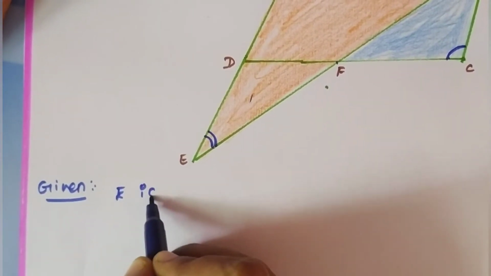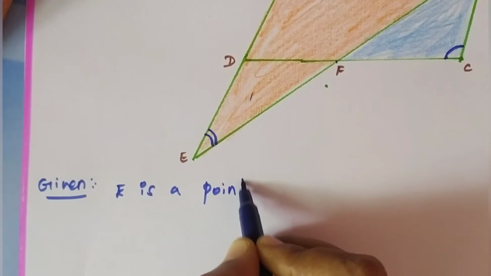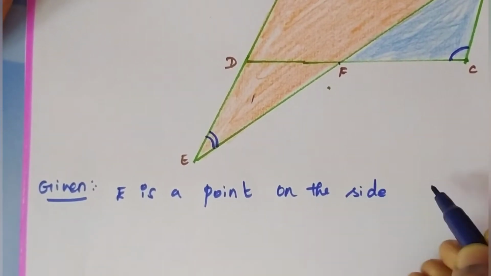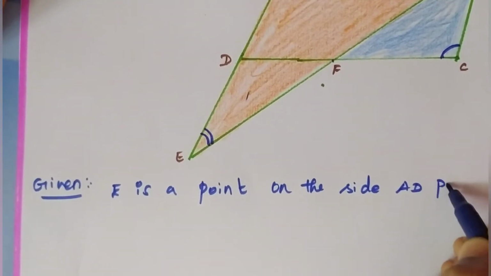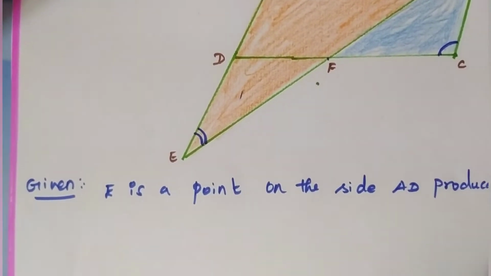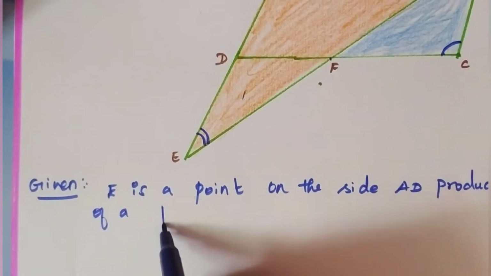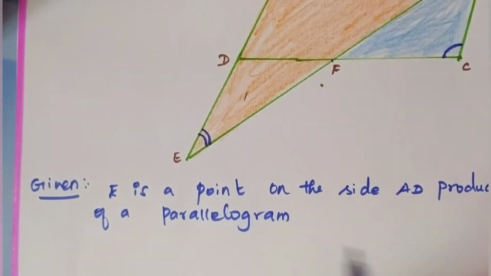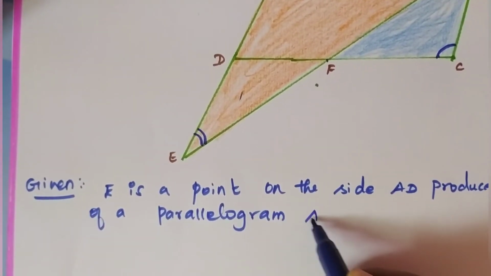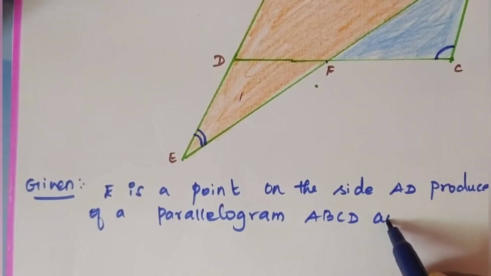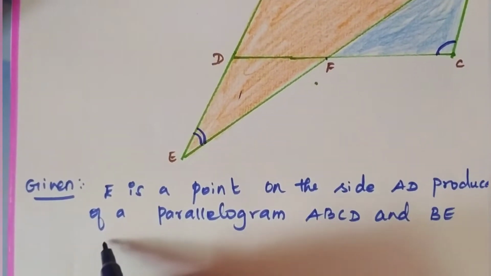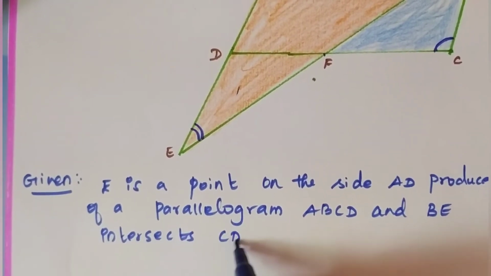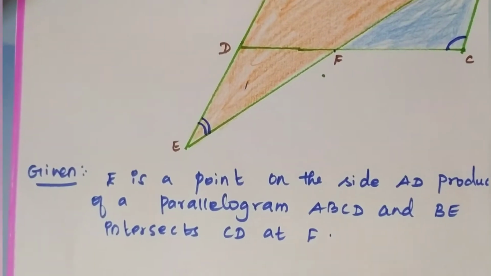So first you have to write given: E is a point on the side AD produced of a parallelogram ABCD, and BE intersects CD at F. This is given.